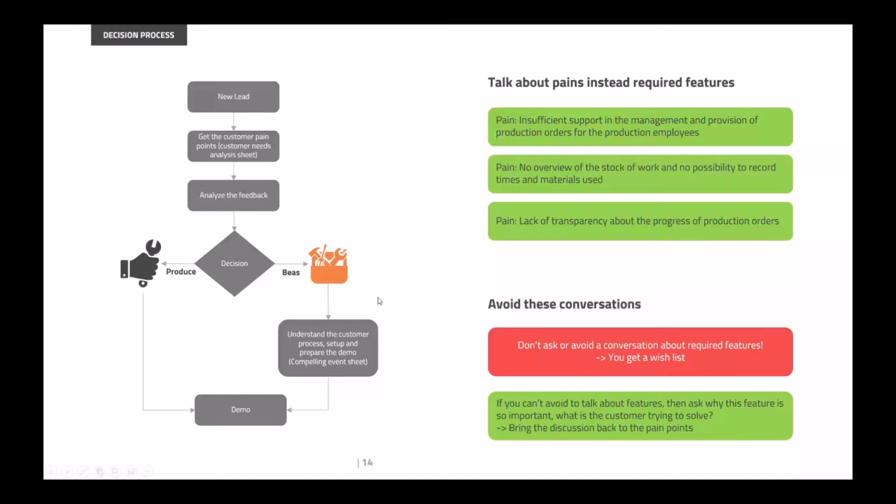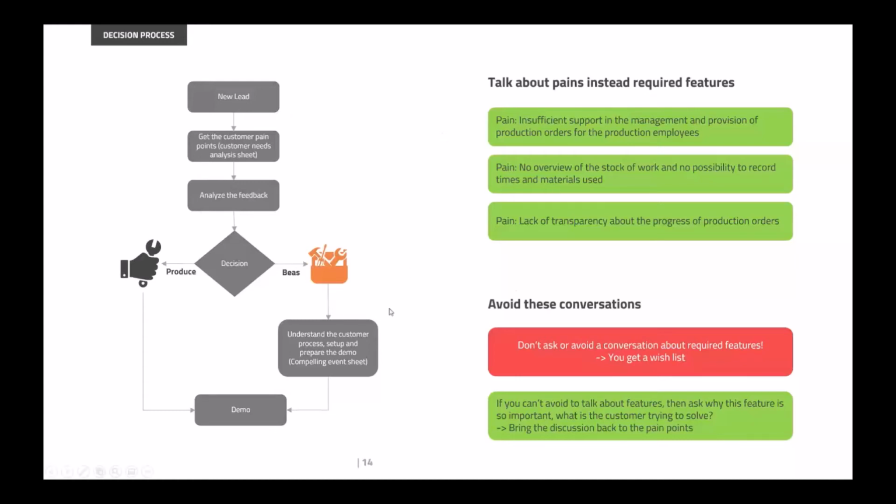Here you have to prepare the demo. You need much more time for the preparation if you want to have a good fit to the customer process. And here, it's out of the box. You have a standard process, and you can offer this standard process to a customer during the demo.